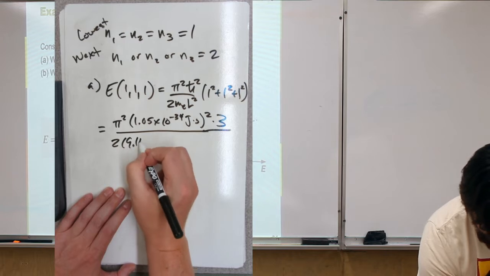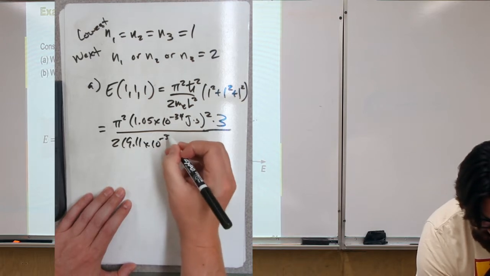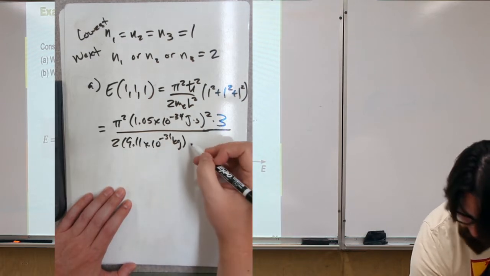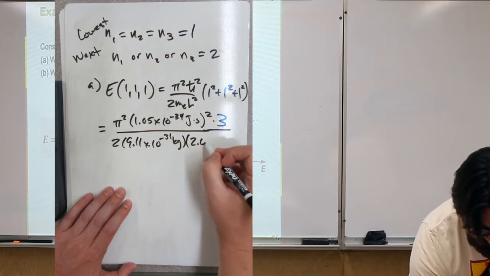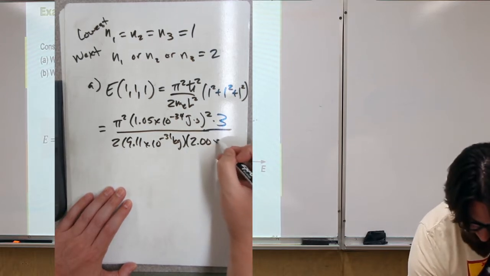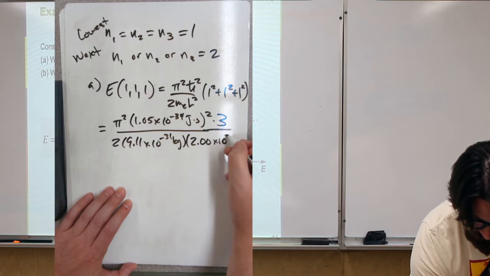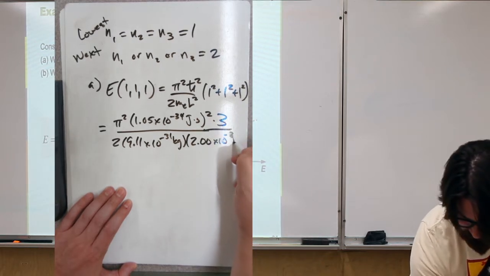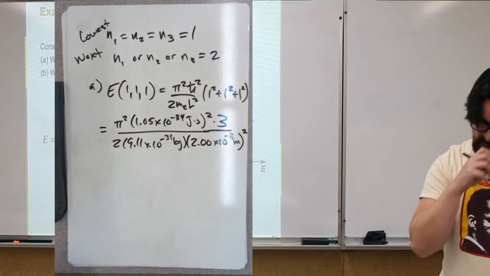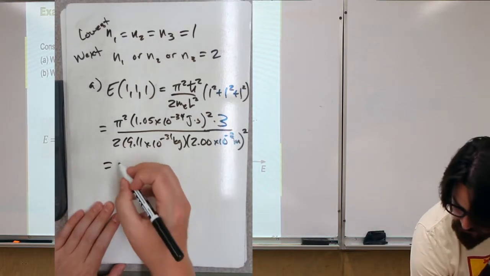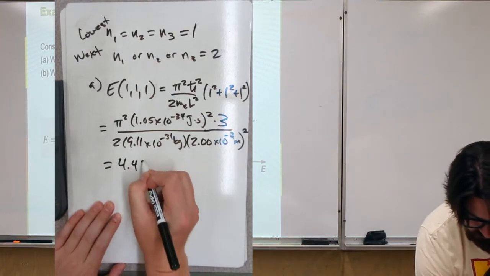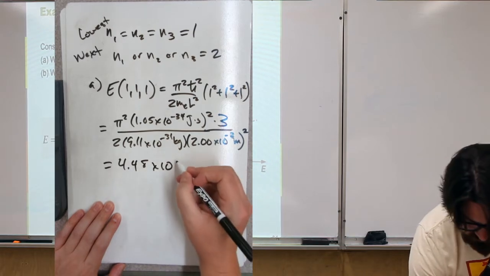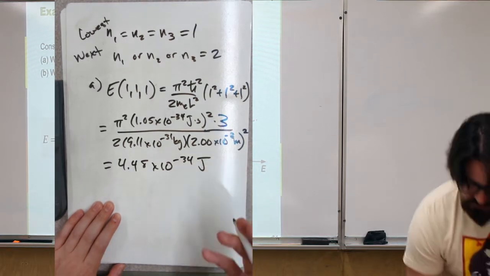Then 2, mass of the electron. And this length, it's only one length for a cube, the side length, squared. Plug all those values in, we get 4.48 times 10 to the minus 34 joules.